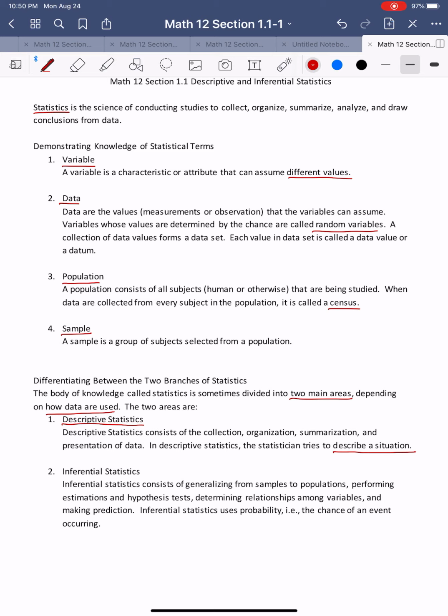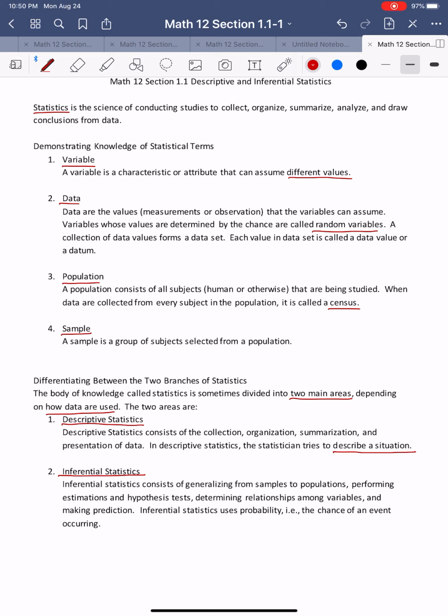But inferential statistics means you need to assume first. So this is what we think is going to happen. Like coronavirus, people think that more people can become contagious. You can assume, right, with this kind of situation, and then you can research this.